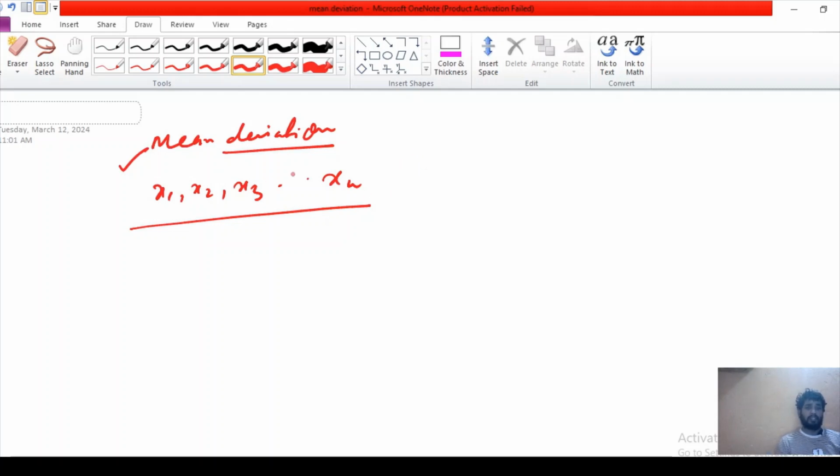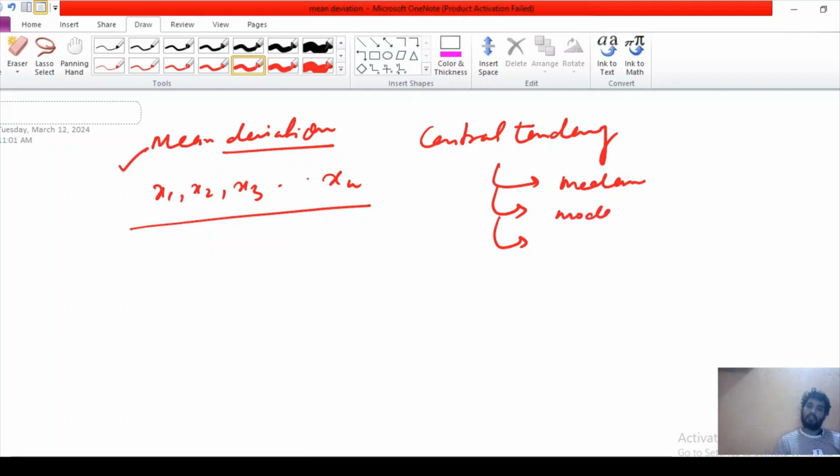What is deviation? Deviation means any number is subtracted from each observation, and that number is called what? Central tendency. Central tendency, maybe median, maybe mode, and maybe mean.